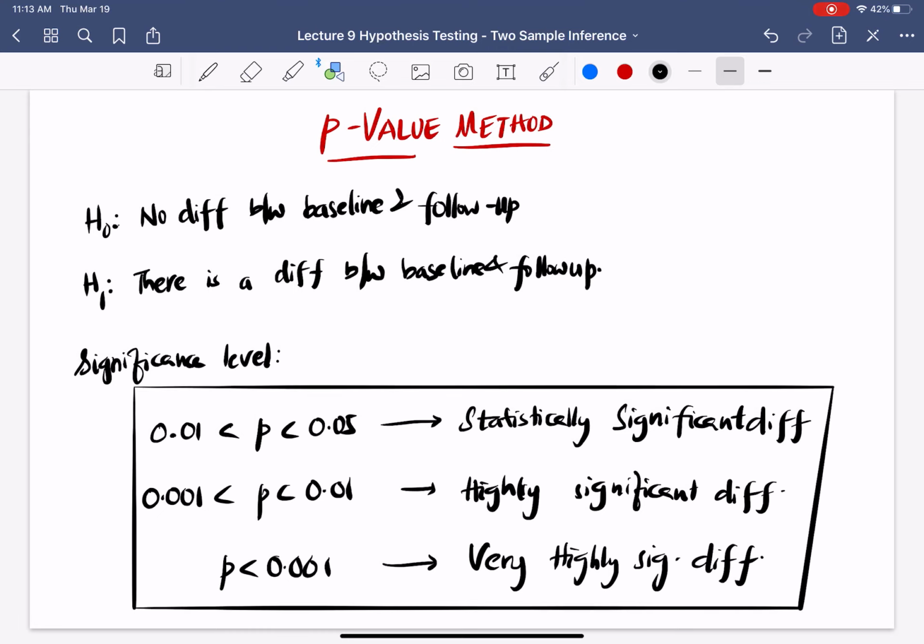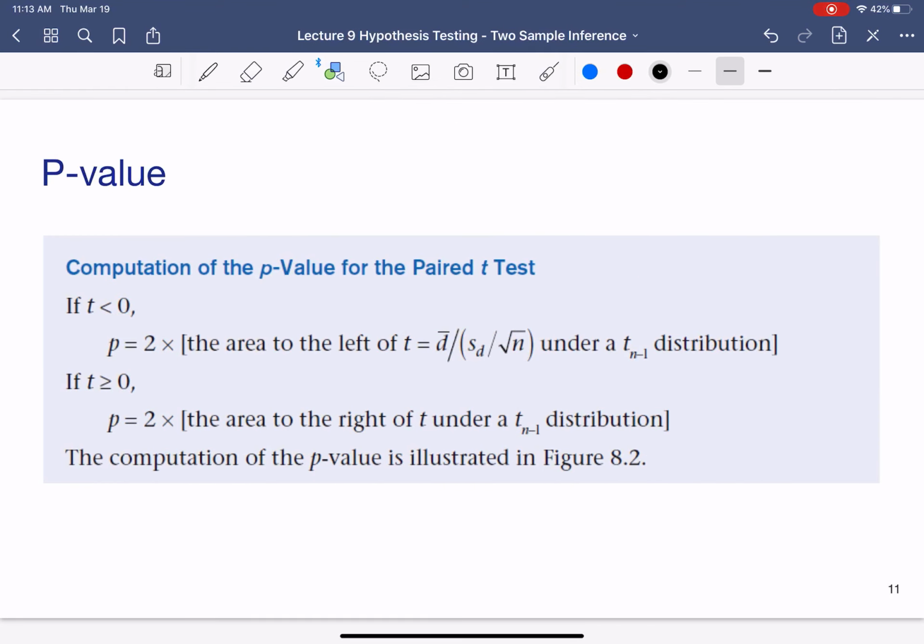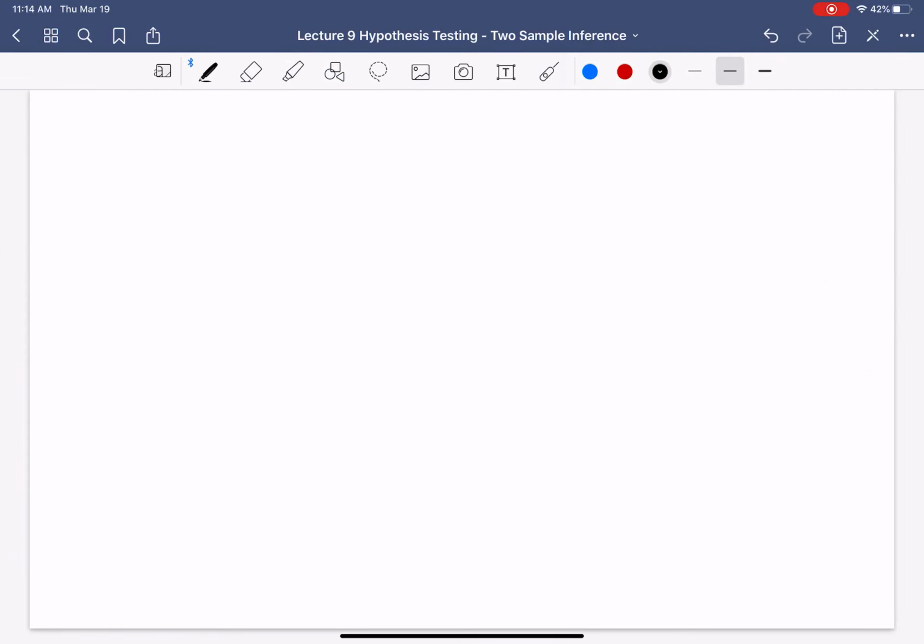Now, how to find the p-value? The p-value depends on the t-value that we have. So how do you find the p-value? The p-value can be taken as 2 times the probability of t less than t1 minus alpha by 2.